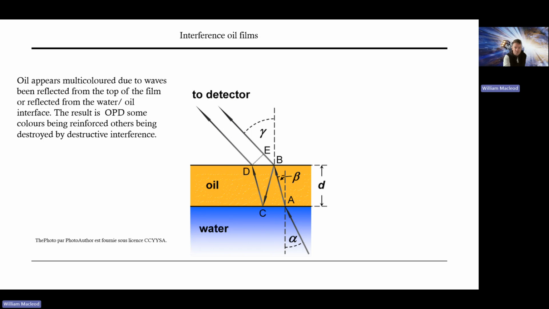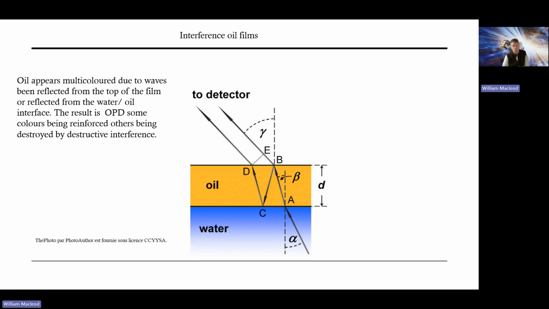Now, one example of quite a nice interference pattern is when you get oil on top of water and you see a multicoloured pattern. I'm sure we've all observed that, maybe on a road just after it's rained, where there's a little bit of oil and some water, and you get this nice multicoloured pattern.